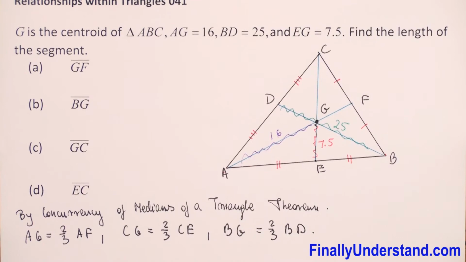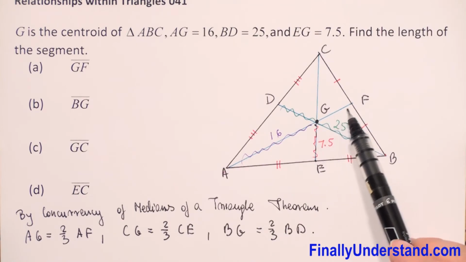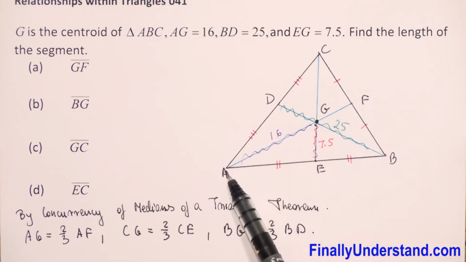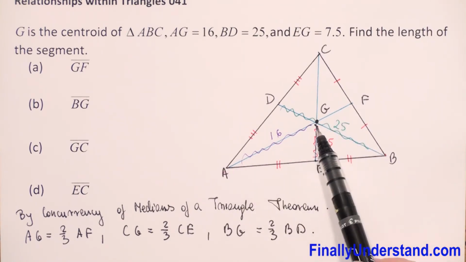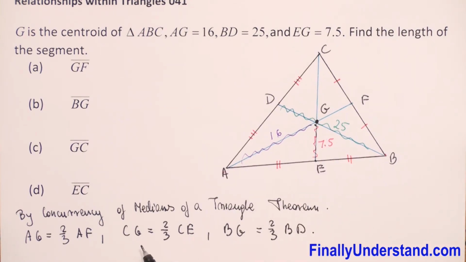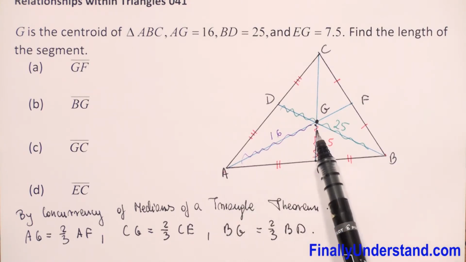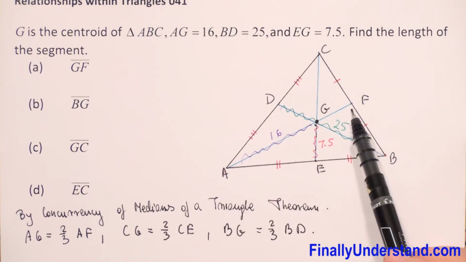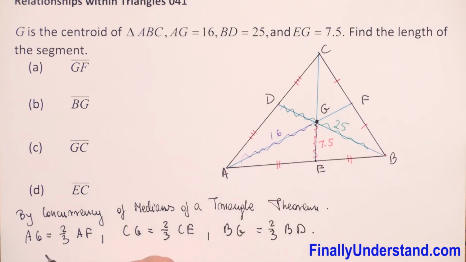First we have to find the length of segment GF. We have given AG, and we know from the concurrency of medians of triangle theorem that AG is equal to 2/3 of AF. So let me copy first equation.